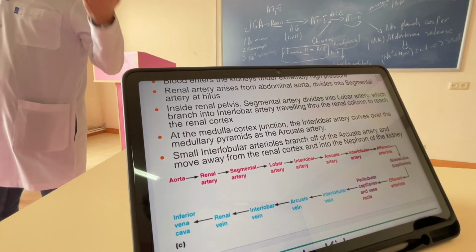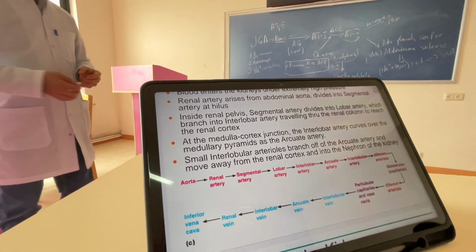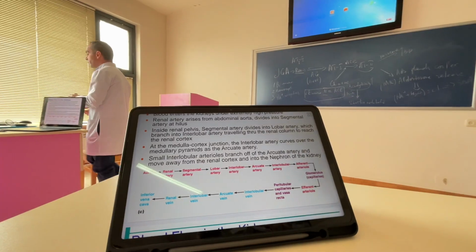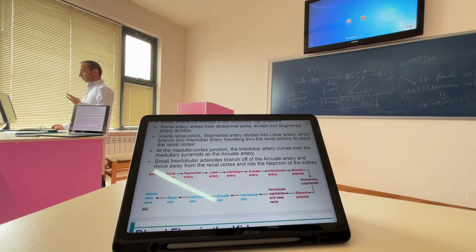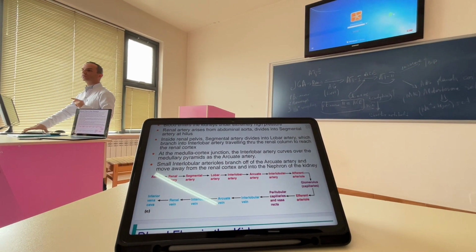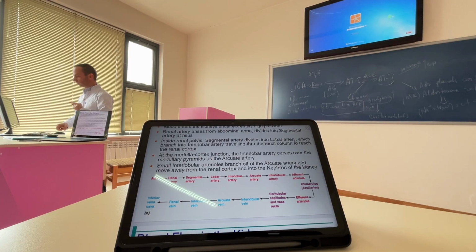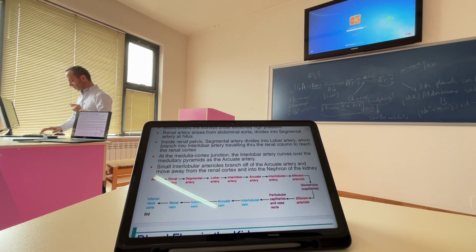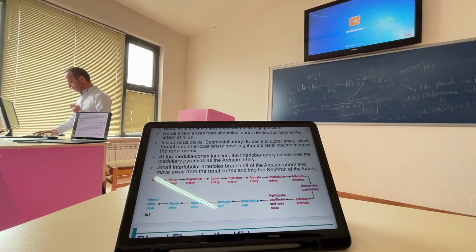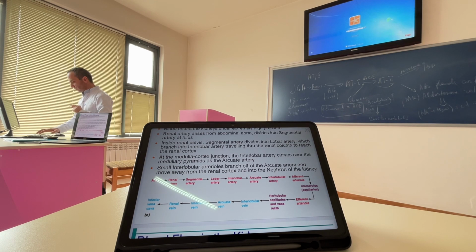So again blood goes to the inferior vena cava system, but in the glomerulus we have arterial blood, arterioles. Anyway, on the larger screen I think it will be more beneficial for you.